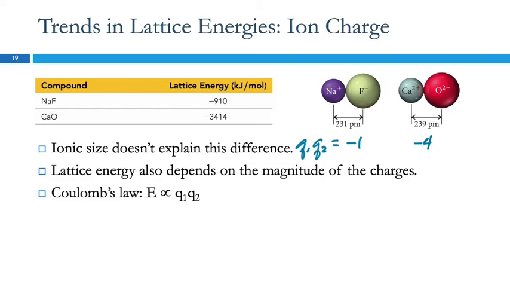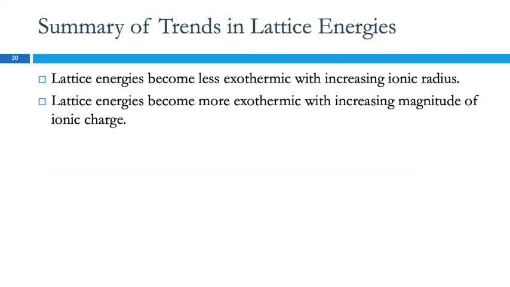The more attracted these things are, the larger the amount of energy they release when they come together. So lattice energies become less exothermic, they release less energy, when the ionic radii increase. They become more exothermic, they give off more energy, when the charges get bigger.